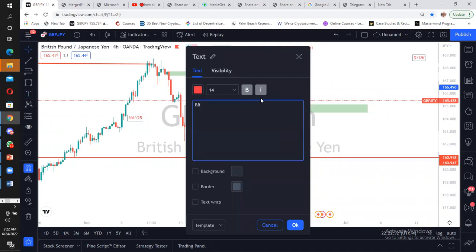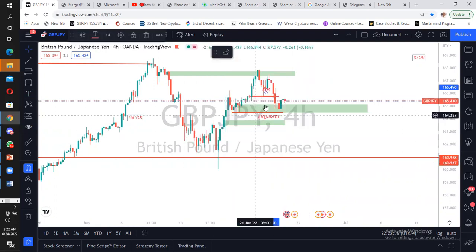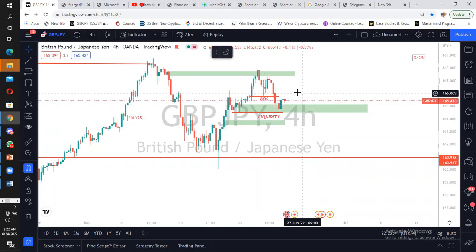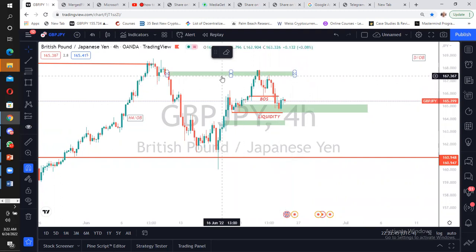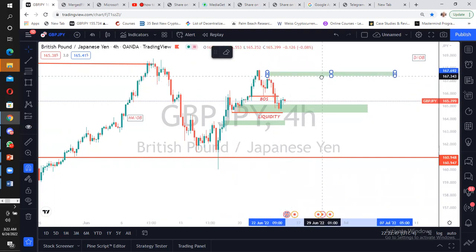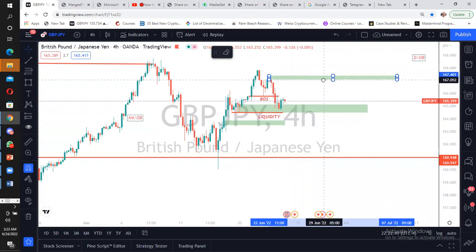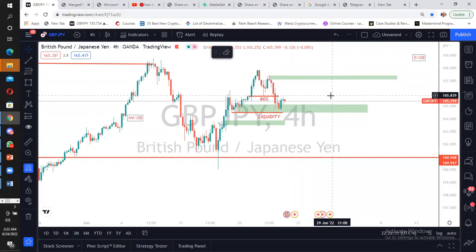Yes. Then we'll have this block here. So it went back again to this breaker block. Then we'll have liquidity. So I'm expecting them to do this to flush down this liquidity.